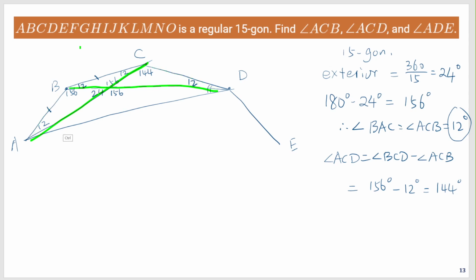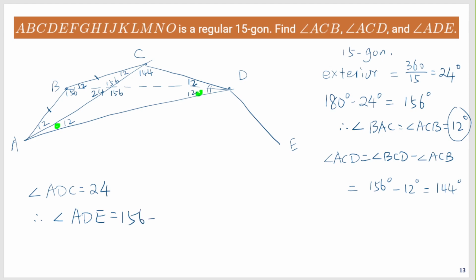Therefore, we could also prove this angle equals this angle here, right? Then we know both of them should be 12 as well. Then you can find angle ADC is actually 24, right? And then angle ADE should equal the interior angle 156 minus 24, which is 132 degrees, right? Did you get it?